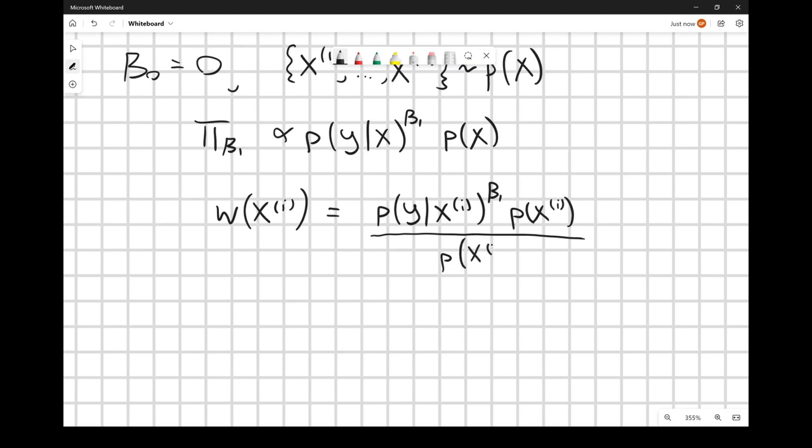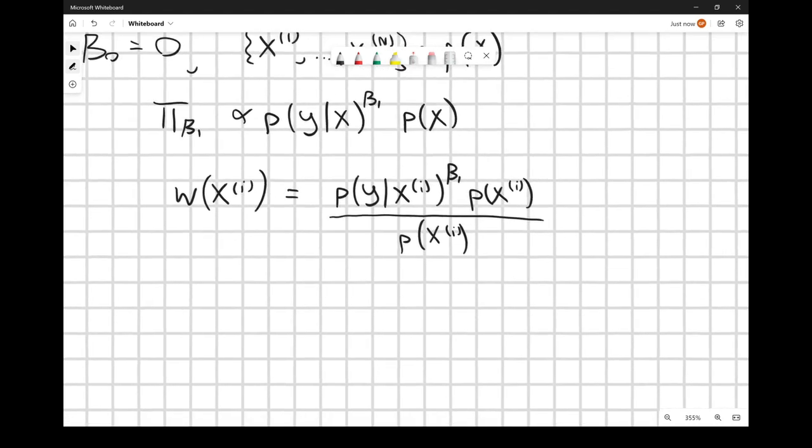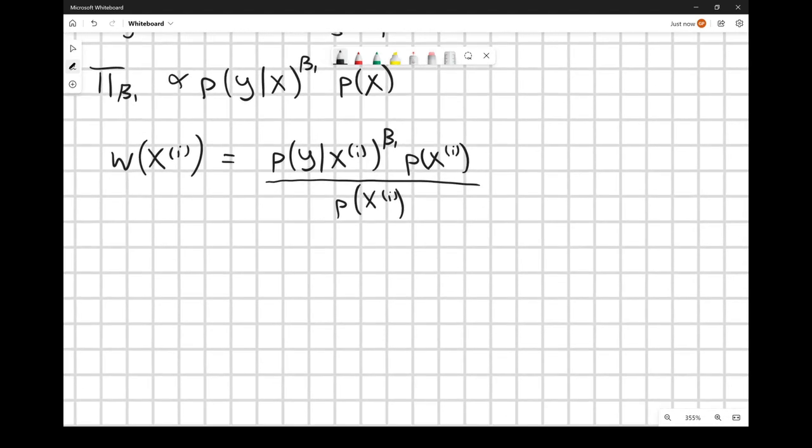We generated our initial samples from the prior. And so clearly that's all just equal to the likelihood to the power of beta 1.